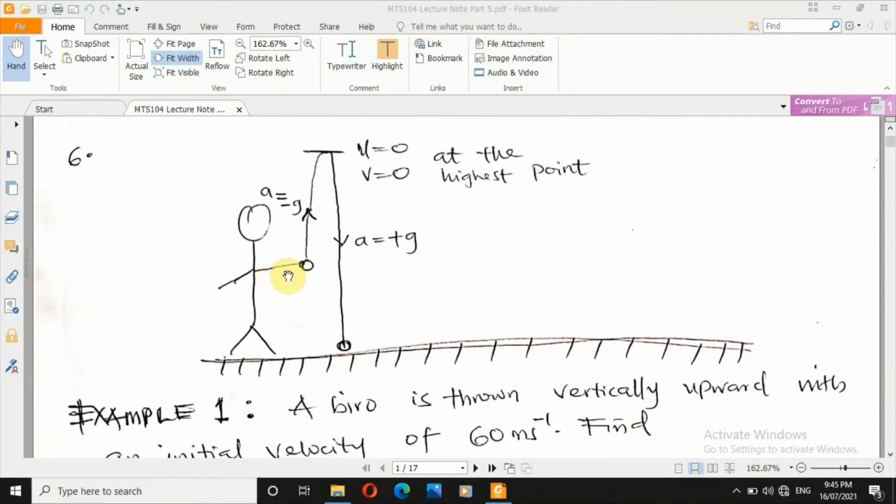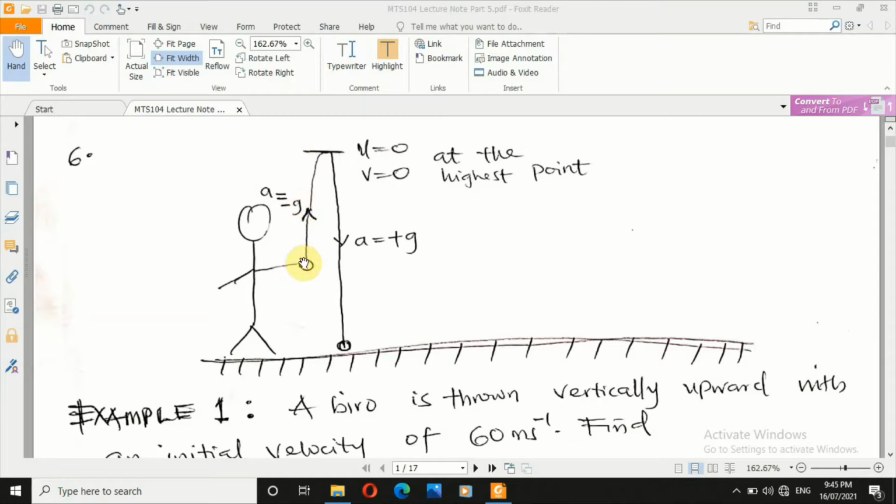It's a case of an object being thrown upward. Now you see that by the time the object is thrown up, one thing is that in this case the acceleration is minus g. So for the upward motion, we have the gravity to be minus because the object is moving against the acceleration.